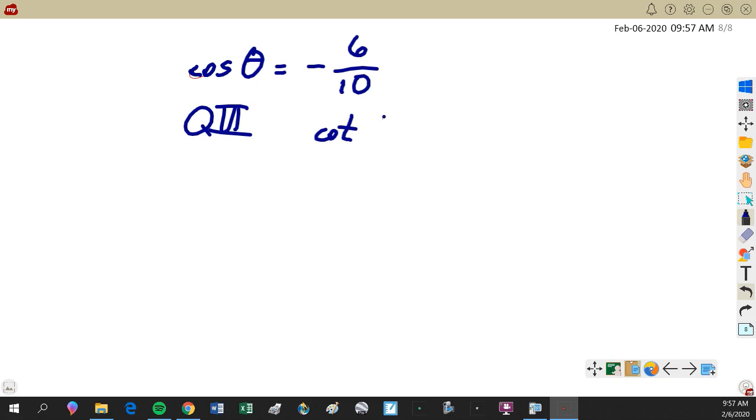Let's do the cosine of theta is negative 6 over 10, and we're in quadrant 3. What is the cotangent of theta?